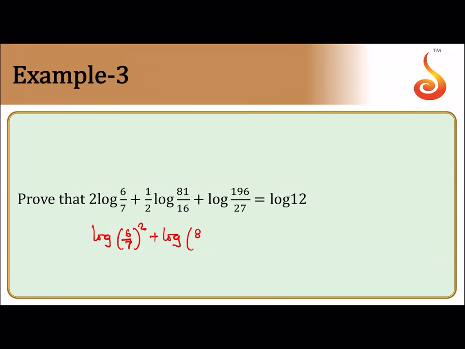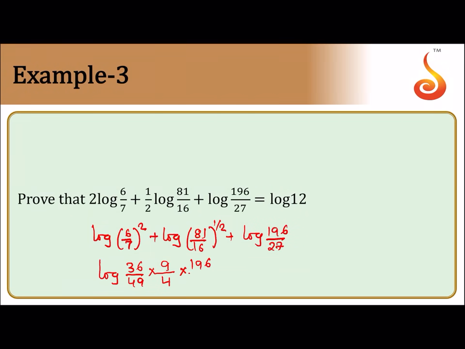Now in the same way we have to do. This can be written as log base 6 by 7 whole squared, log of 81 by 16 to the power 1 by 2, log of 196 by 27. Now we combine it.